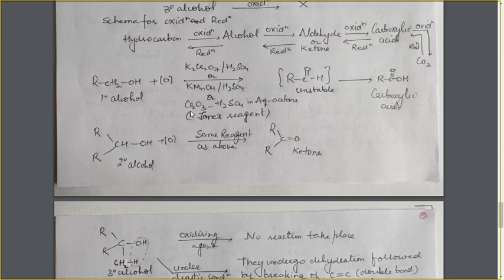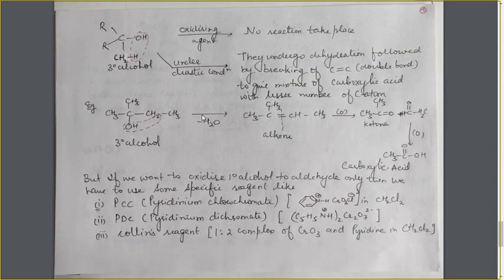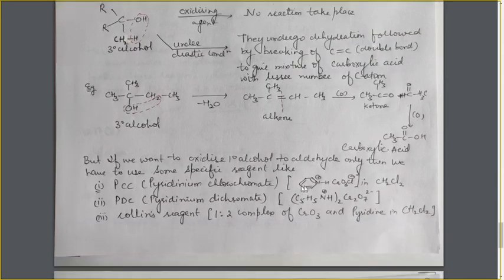This Jones reagent also uses CrO3, and this CrO3 is also here in these reagents, PCC, CrO3. Now why is CrO3 behaving differently in this case? That is because of this medium, non-aqueous medium. Because CrO3 is used in non-aqueous medium, that's why it is behaving in this way.